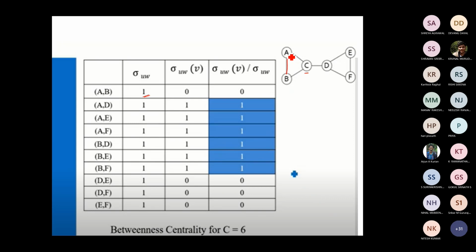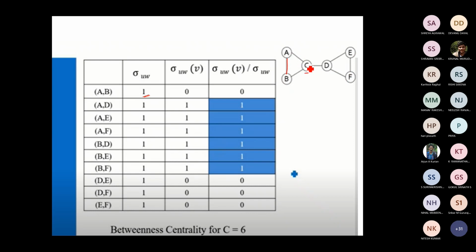Then you just ignore A to C, because only for C am I going to find out the betweenness centrality. So don't consider C over here as a destination. Take all other combinations of destination nodes.